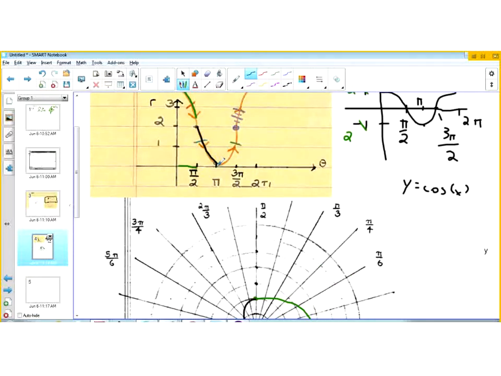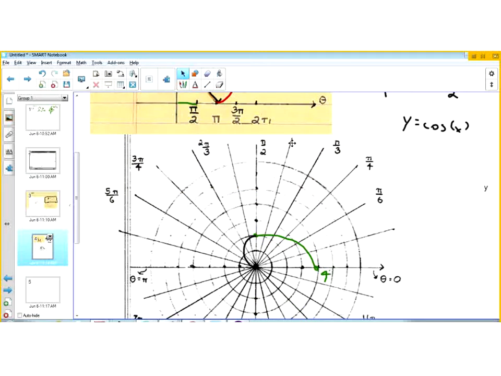Now from pi to 3 pi over 2, we range from 0 to, what? At 3 pi over 2, we're back to 2. So that would be right here. Mimicking the shape of the red arc in the rectangular plane will produce that in the polar plane.